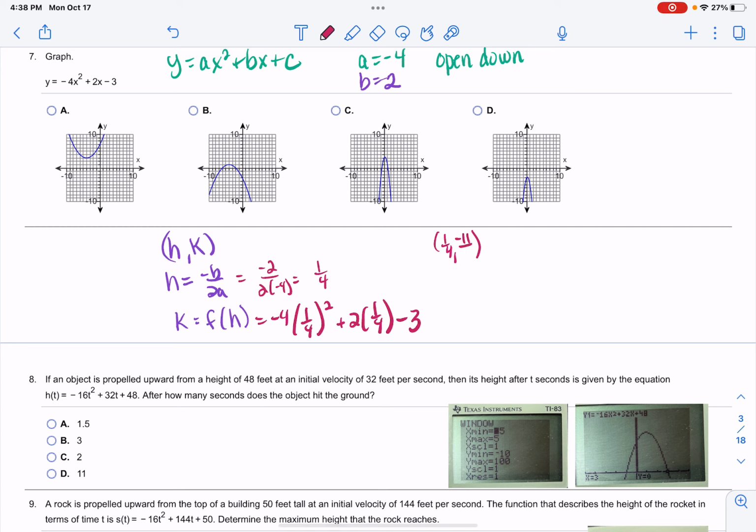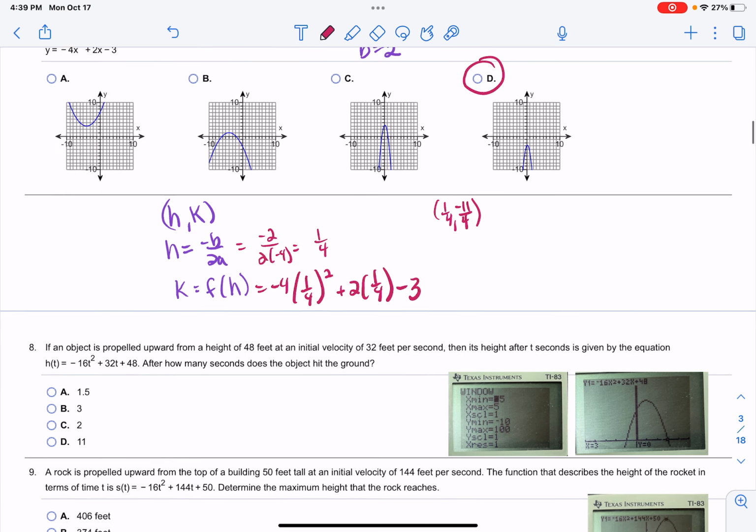You get negative 11 over 4. So the graph that has that vertex located at 1/4 and negative 11/4 is graph D. Also notice, you can zoom in on that, you can see that the graph opens down. That negative 4 leading coefficient means that it's going to be a more narrow graph.